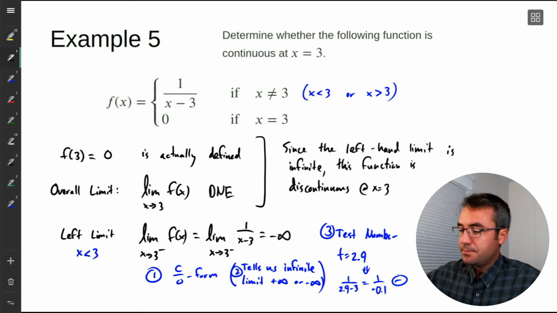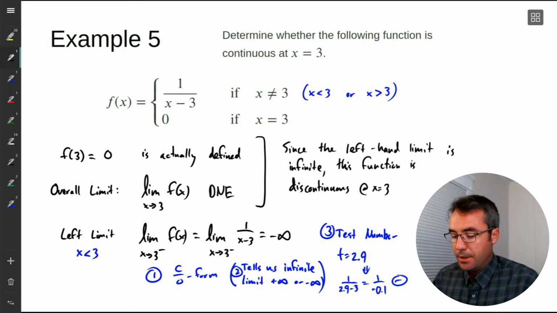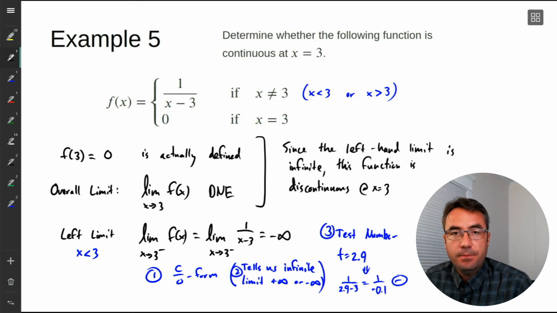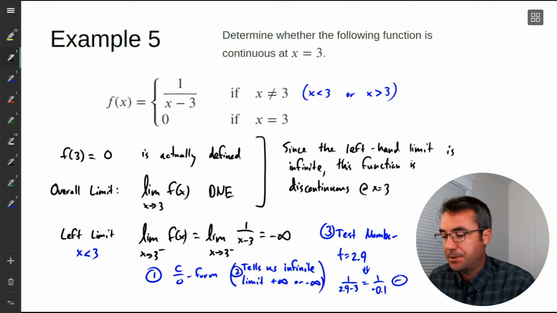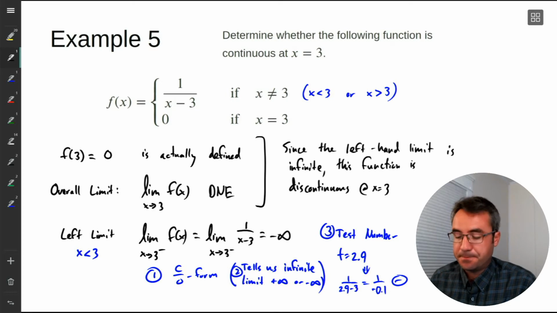All right. So so far in our examples, for the most part, we're showing that our function is continuous or discontinuous by using this limit definition. Well, the nice thing about continuity is that a lot of the functions we work with, that we're going to be seeing in this course, for the most part are continuous.